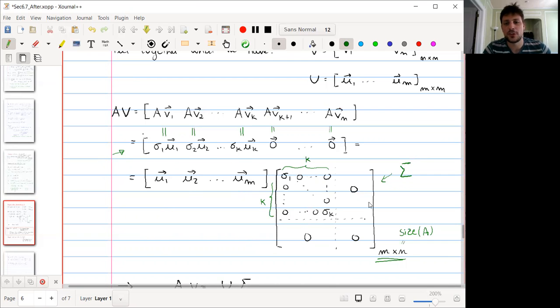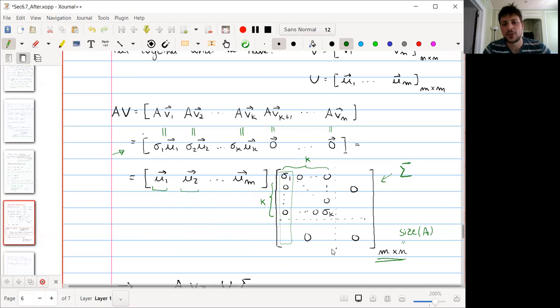The first column of this product will be given by the linear combination given by the coefficients in this first column here. Or in other words, the first column of sigma extracts the first column of U with coefficient sigma 1, and then the second column of sigma extracts the column U2, and so on.